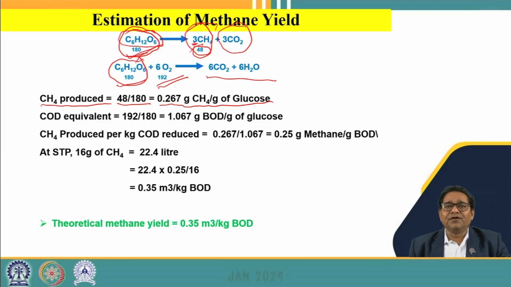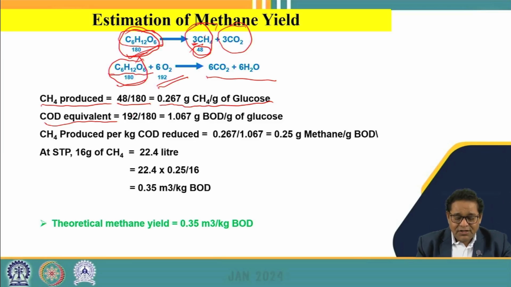And now if we find the COD equivalent of glucose, 1 mole of glucose will require 6 moles of oxygen, which is equivalent to 192 gram, and this 1 mole of glucose is equivalent to 180 gram.